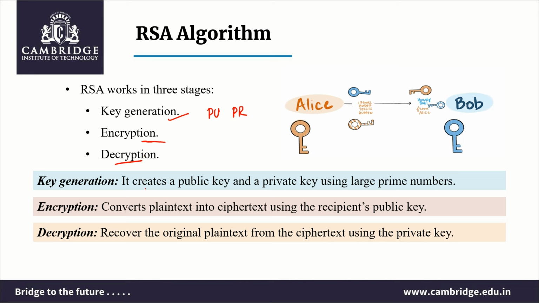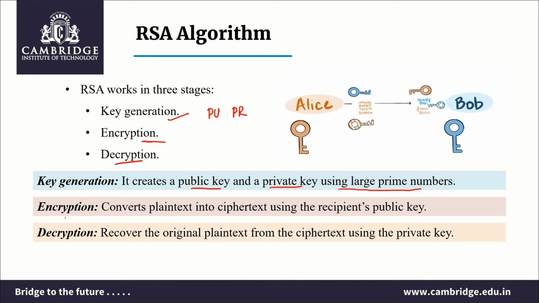Now, when I say key generation, as I told earlier, the public key and private key will be generated. To generate these, we make use of large prime numbers. However, when considering an example to solve RSA, we don't generally consider large prime numbers, whereas in practice we consider very large prime numbers.